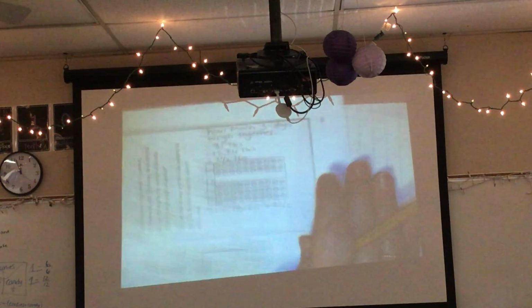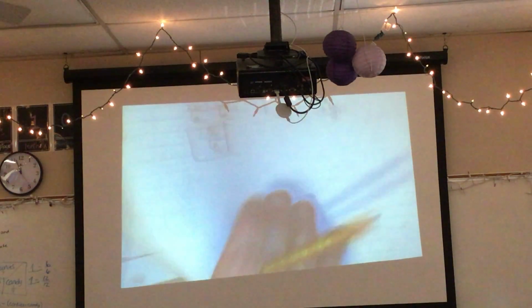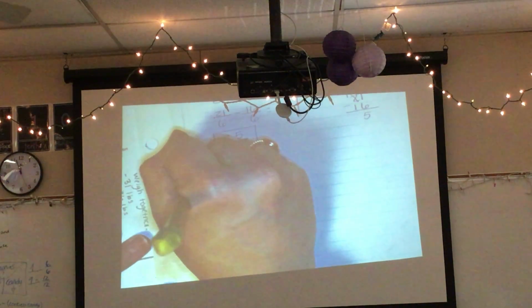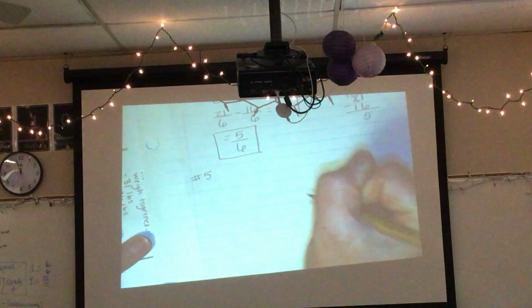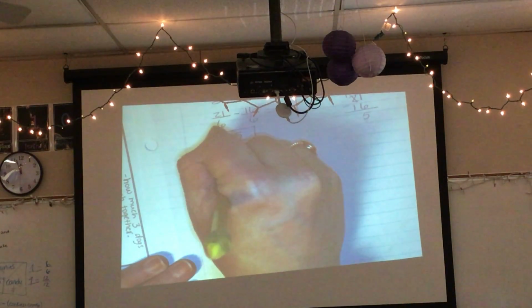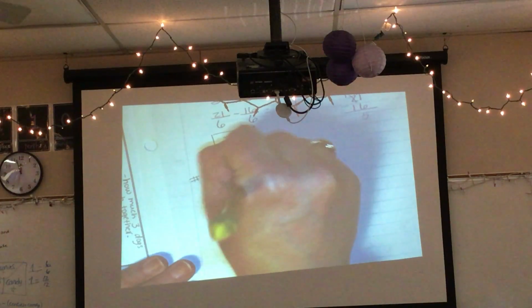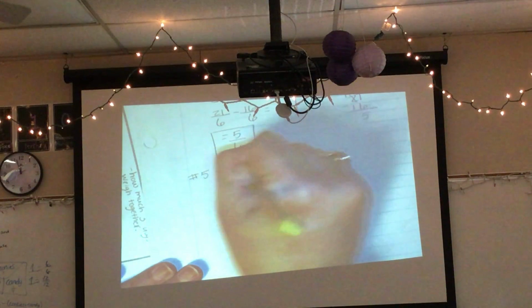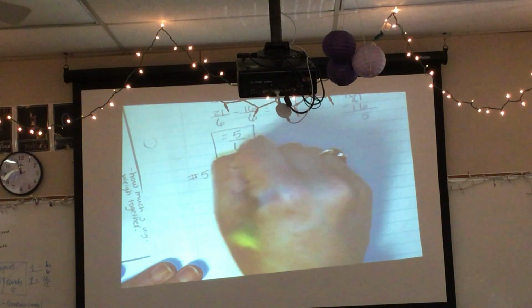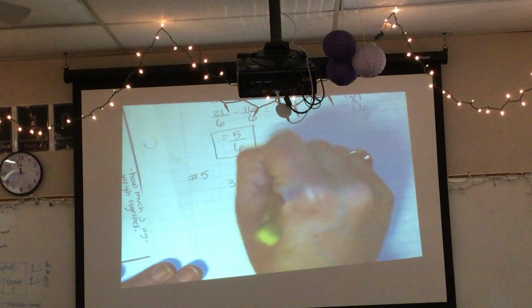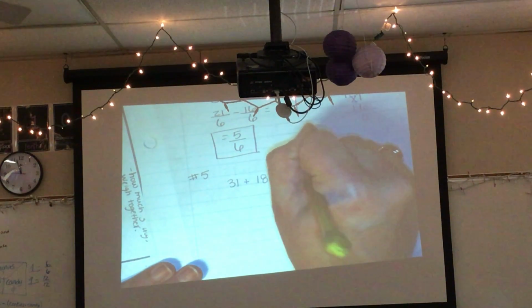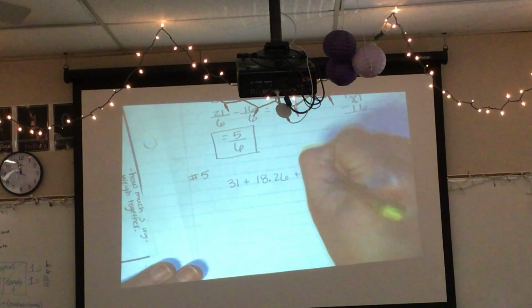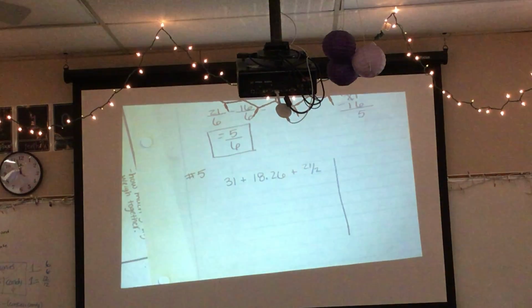So I'm going to go onto my paper so I have more room. I'm going to write the equation that I'm solving. Who remembers how to turn a fraction to a decimal?